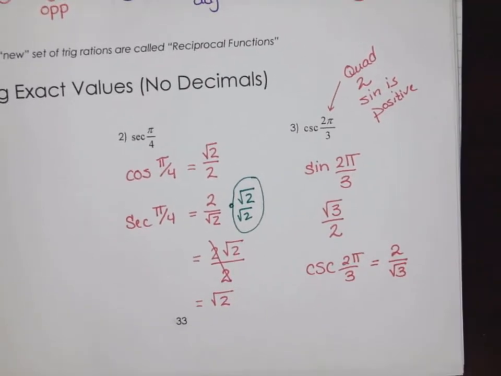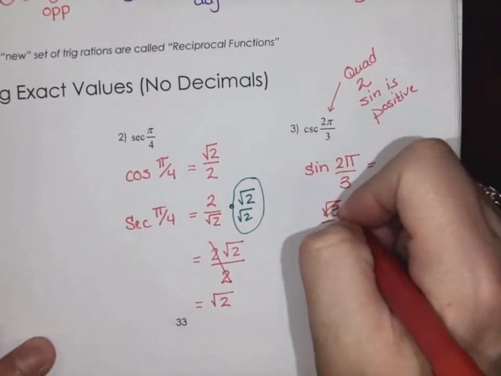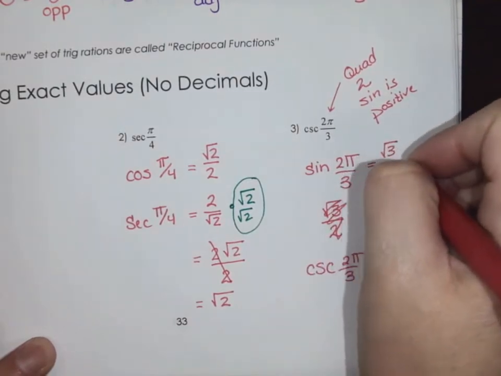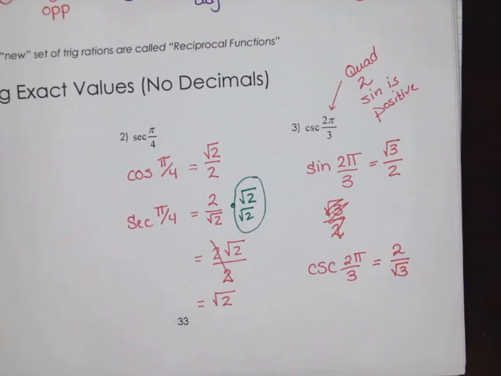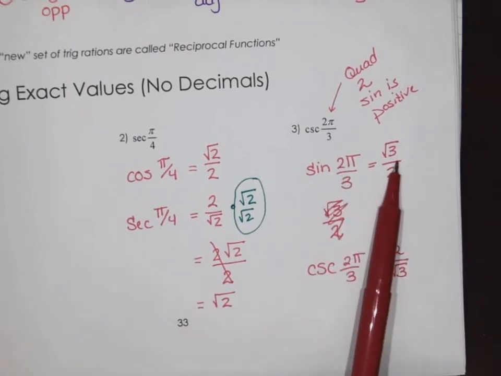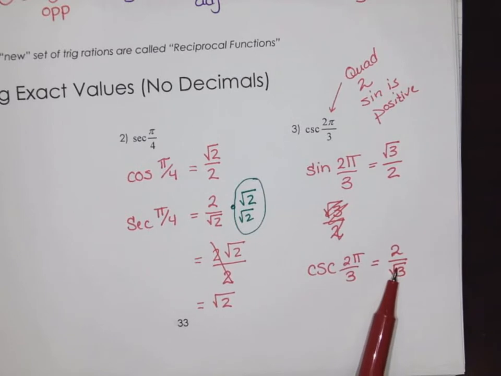We have to do the reciprocal of it because sine is root 3 over 2. Now, ladies and gentlemen, I have to stress that if you're going to use this method, you need to make sure you label them appropriately. Don't start slapping down just root 3 over 2 and then 2 over root 3. I need to know that you understand that sine is this and cosecant is that.